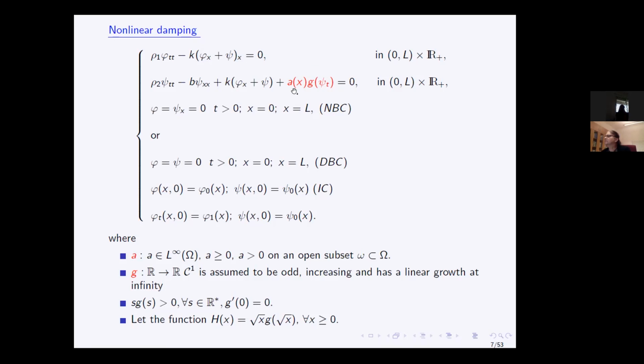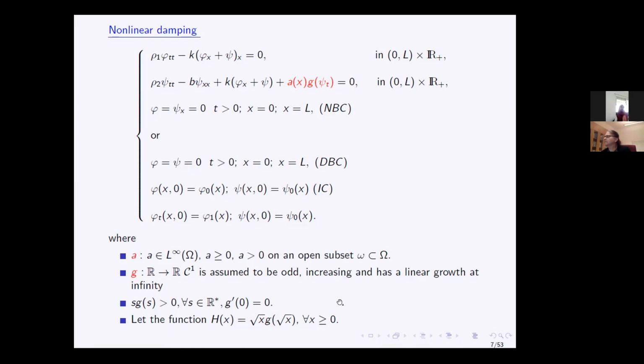That means we replace a of x by a function that depends on both t and x, and we assume that we have either the Dirichlet boundary condition or the Neumann boundary condition, and of course we need to complete the system with the initial data, and we need to assume that the non-linear damping term satisfies some assumptions, which are given as follows.